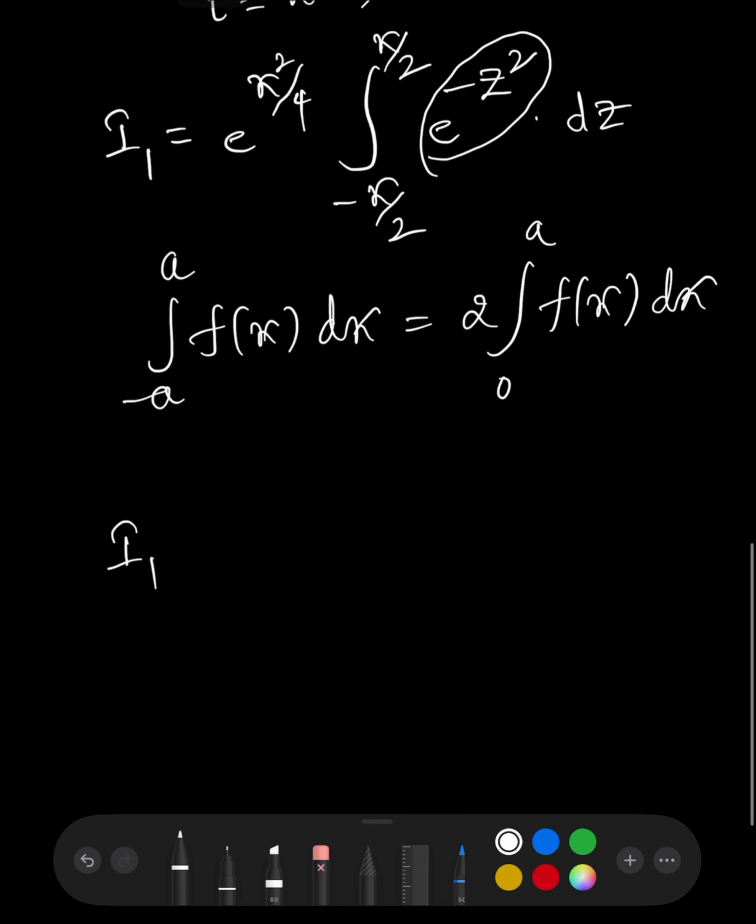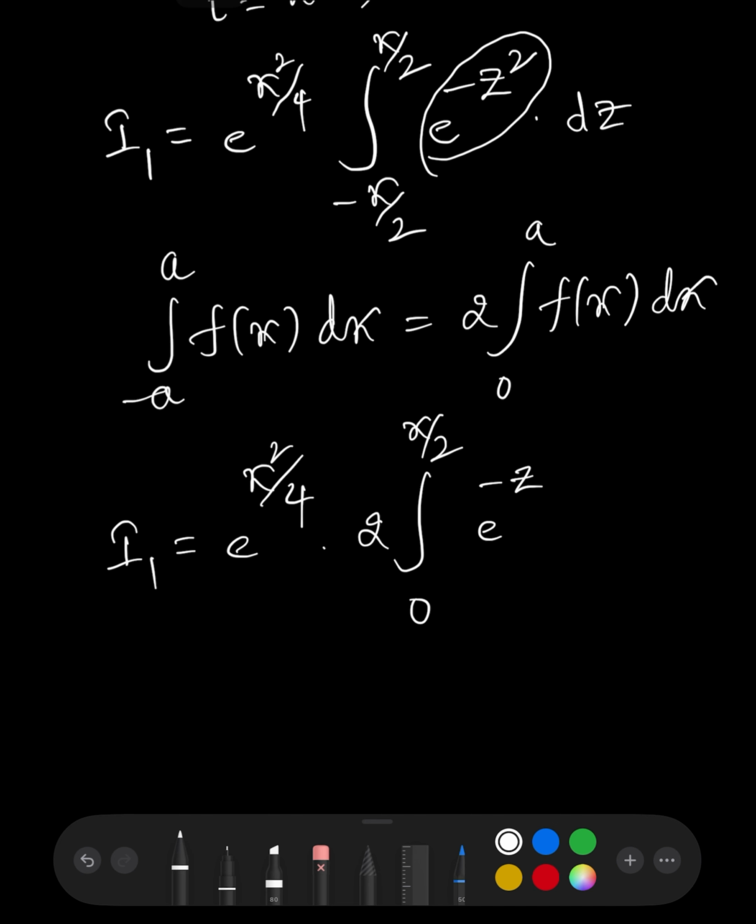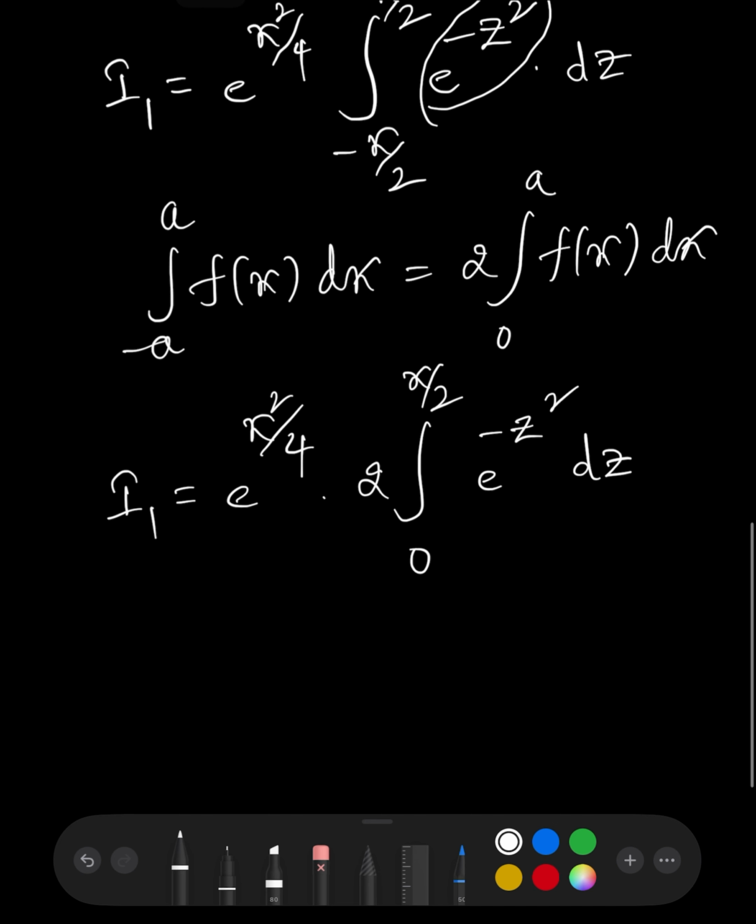Based on that, I can write I1 = e^(x²/4) times 2 times the integral from 0 to x/2 of e^(-z²) dz. So this is I1.